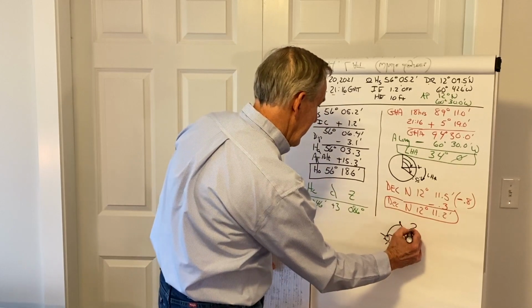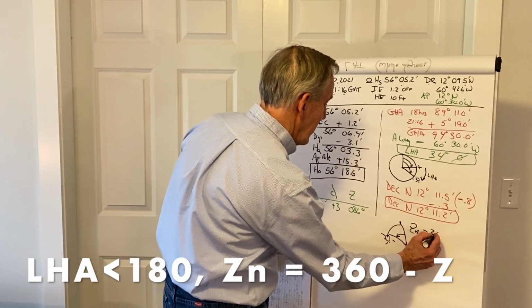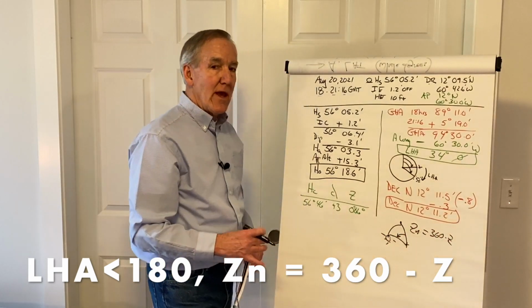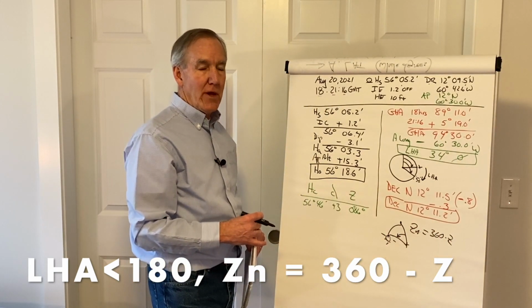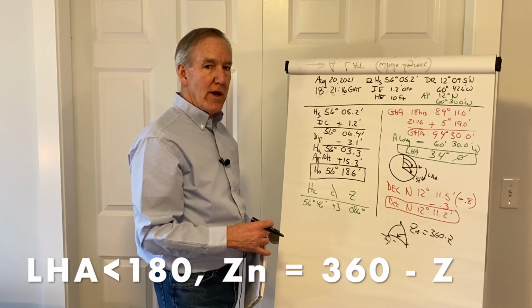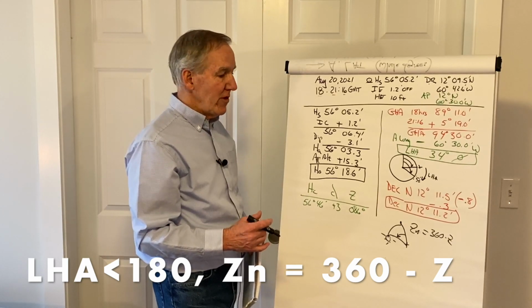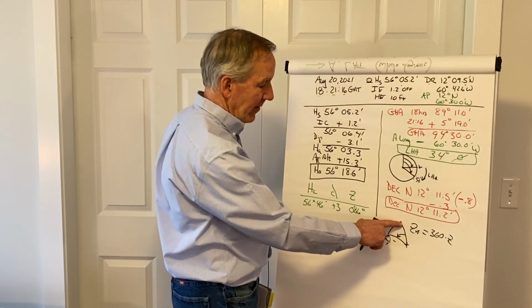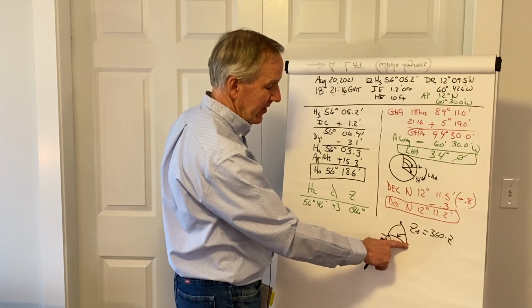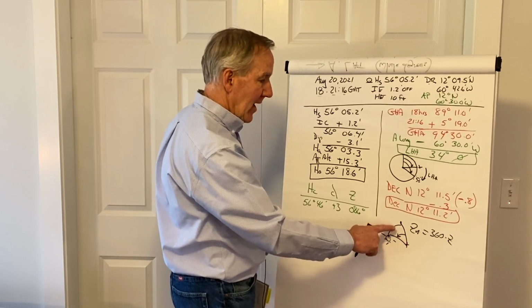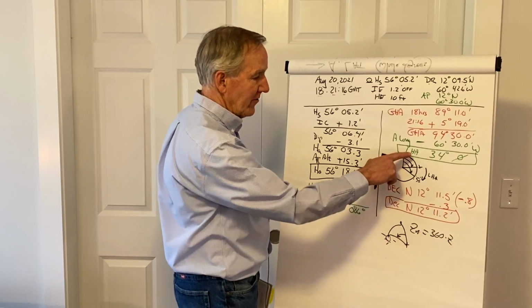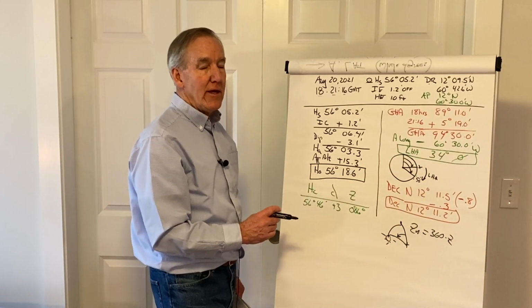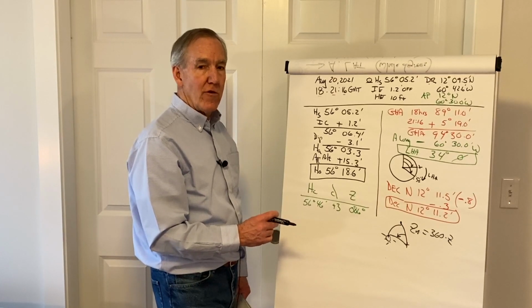So ZN equals 360 minus Z, as it says up in the upper left-hand corner of that page. LHA less than 180, ZN equals 360 minus Z. And here's the diagram to show that North Pole, us, wherever we are, and then the body is just a little bit to our west, only 34 degrees, so the triangle is flipped over that way. It's an afternoon sight with the sun to our west.